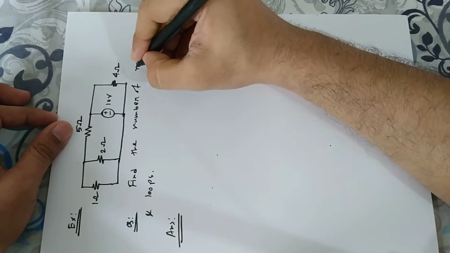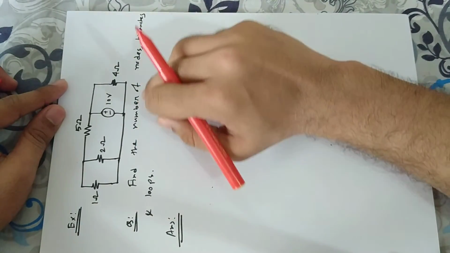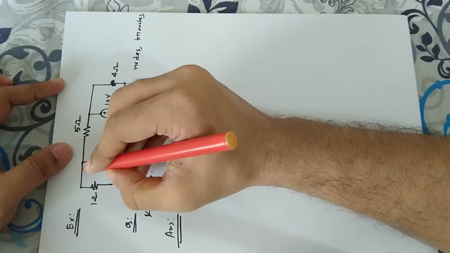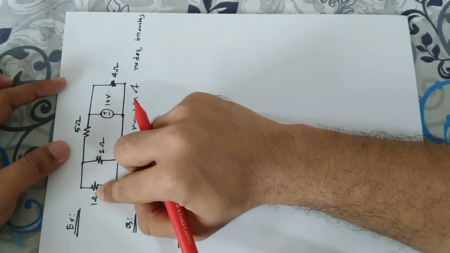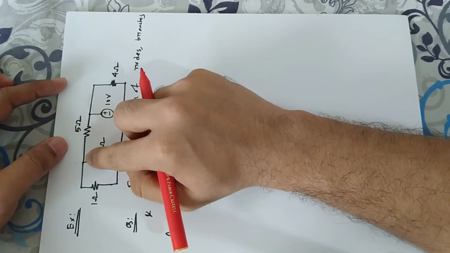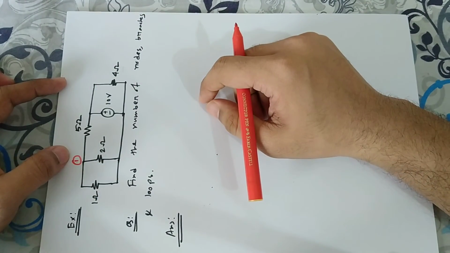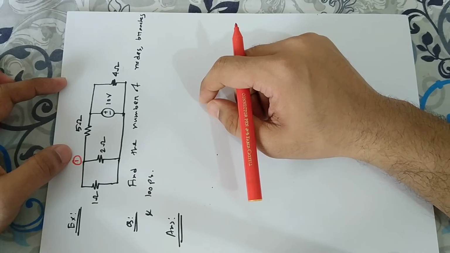Firstly, let us identify the number of nodes. To know the number of nodes, see, this 1 ohm resistor, 2 ohm resistor and 5 ohm resistor are connected at this point. So the point we can name number 1.